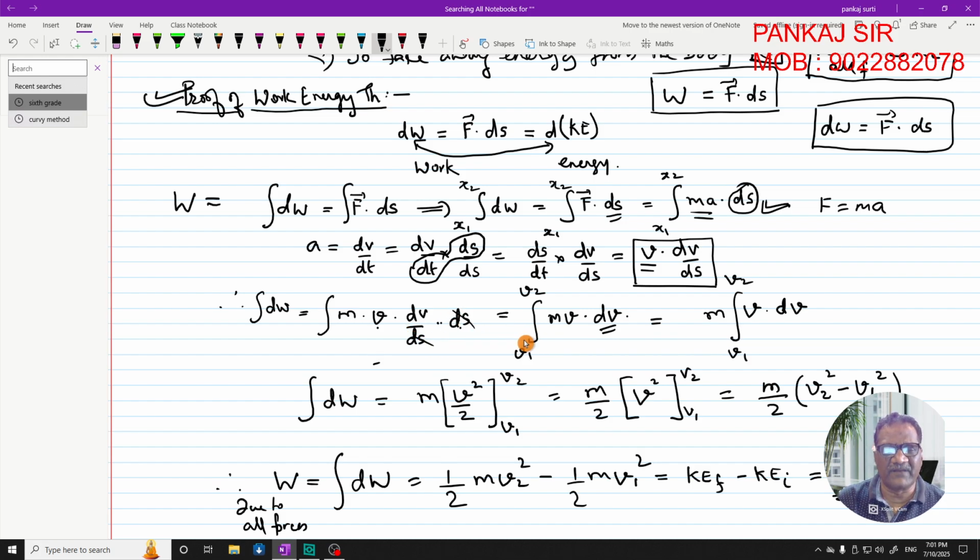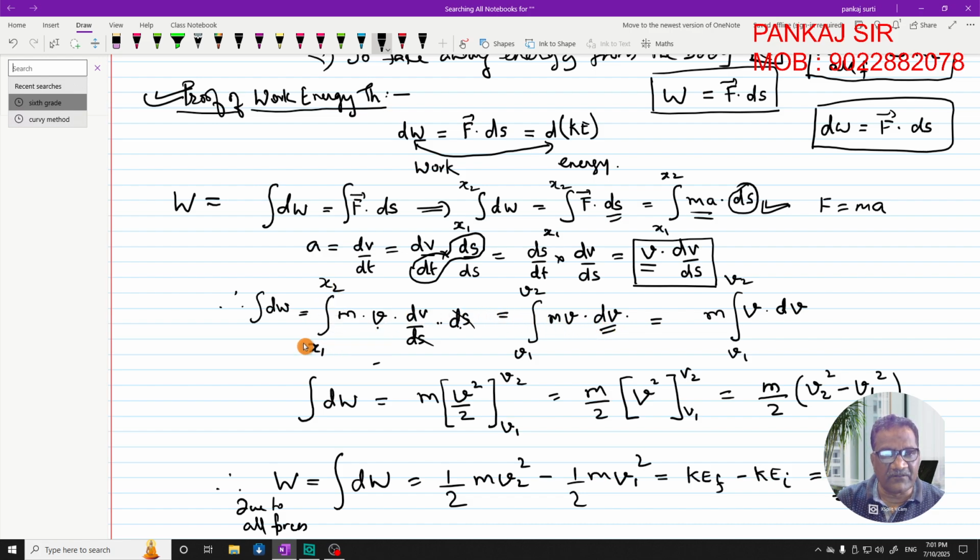Now you can see that once ds gets cut, the variable has changed from ds to dv, that is velocity. Now we are integrating with respect to velocity.